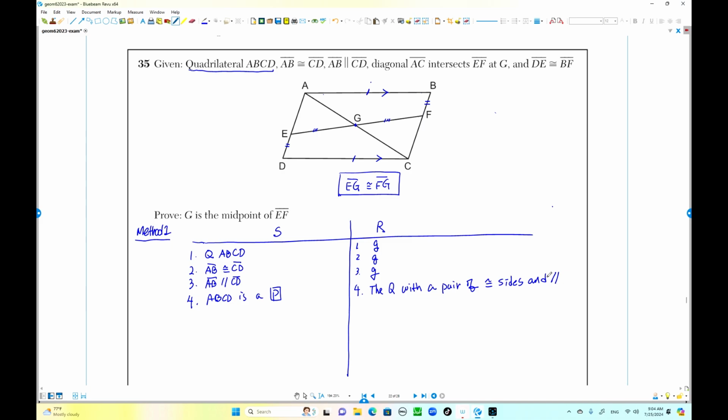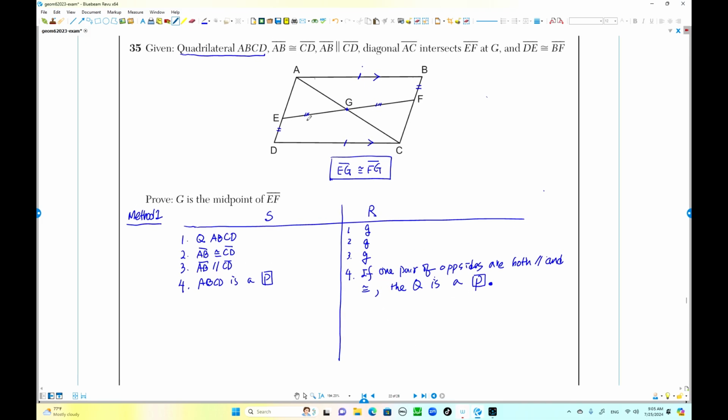Or you can say, if one pair of opposite sides are parallel and congruent, the quadrilateral is a parallelogram. That is the formula. You can use this one too.